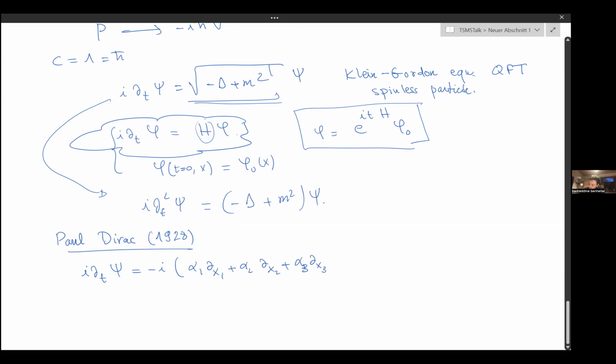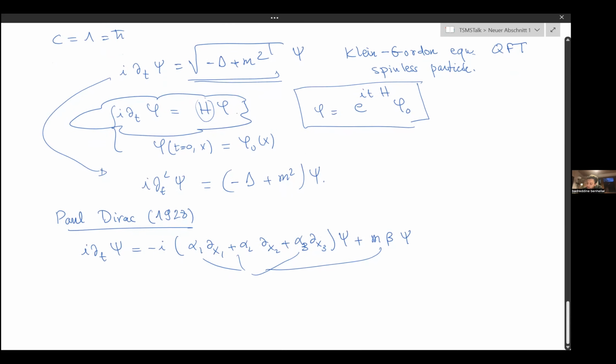We have all the derivatives here of psi, plus m beta psi. And I need to look for these unknowns, the alphas and betas. We need to look for these quantities. Somehow, when you take the square of this expression, you will get minus Laplacian plus m squared.